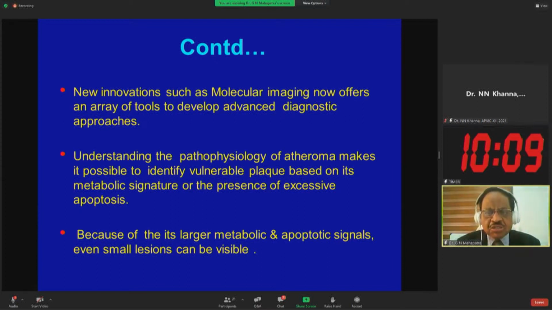Understanding the pathophysiology of atheroma makes it possible to identify vulnerable plaque based on its metabolic signature or the presence of excessive apoptosis. Because of its large metabolic and apoptotic signals, even small lesions can be visible.